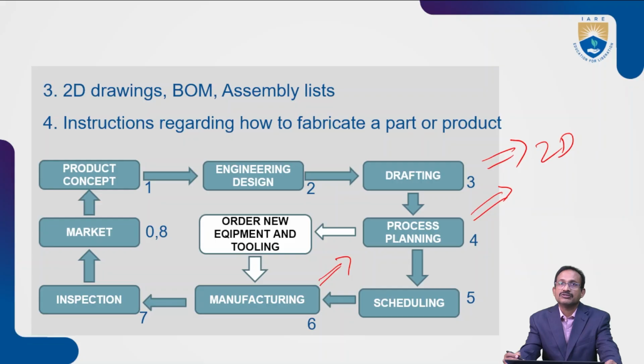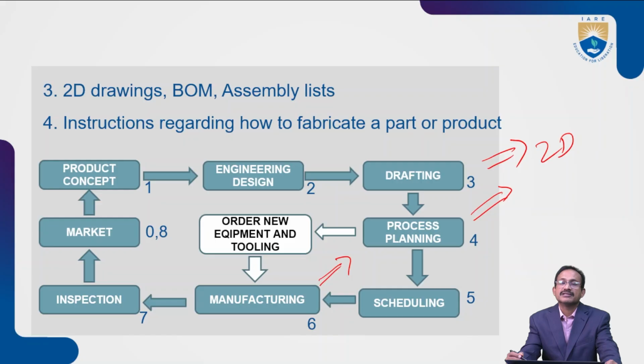So based on those drawings, these senior people, who are expert people from this manufacturing unit, based on their experience and their studies, will come to a conclusion that for this product, these are the machines required. These are the operations to be performed.